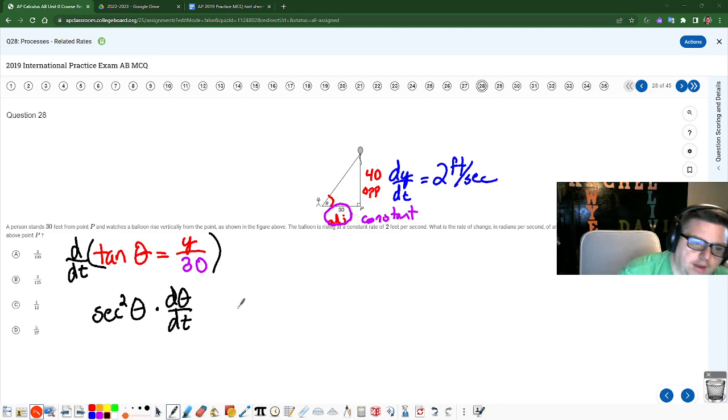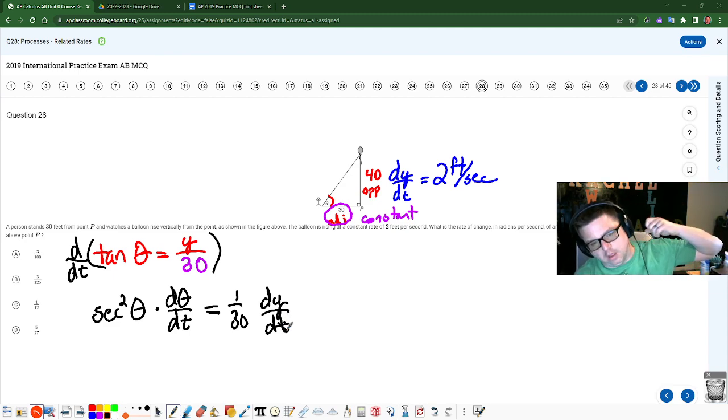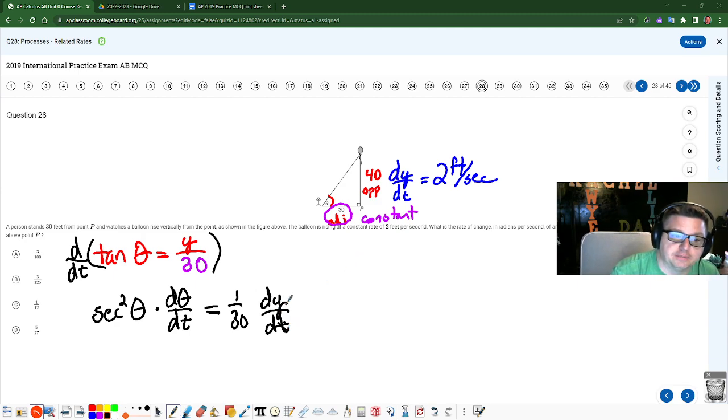But with related rate problems, we have to do d theta/dt, and we'll actually have dy/dt over here, because the derivative of y is just a 1, but you still have to take the derivative with respect to t. So that leads us to the dy/dt.